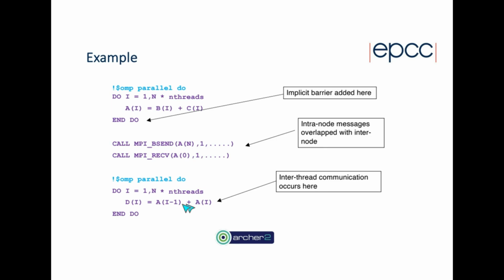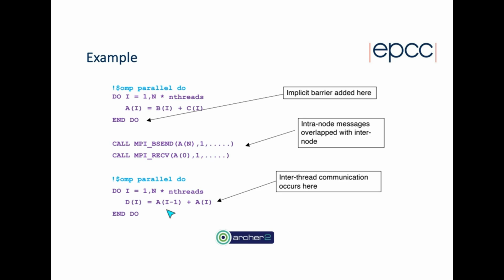This is because there are some values of I for which the corresponding value was written by a different thread here. If we just think of doing a static schedule here, at the boundaries between the chunks, we're going to get the thread communication corresponding to the MPI communication, where a thread that writes AI is a different thread from the one that reads the corresponding value of AI minus 1 down here.